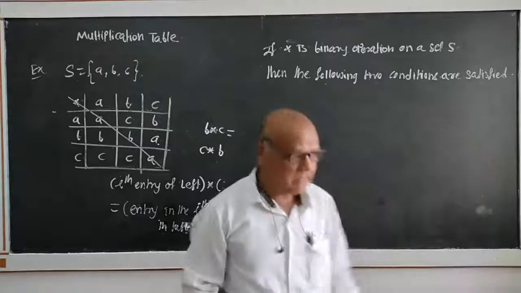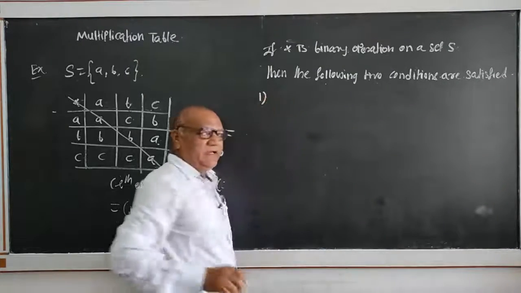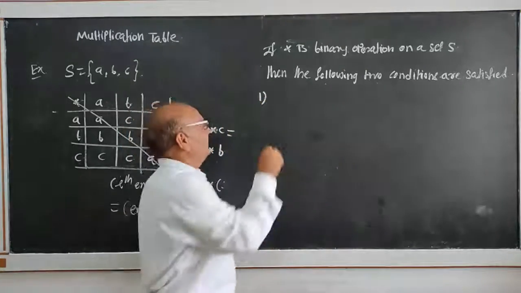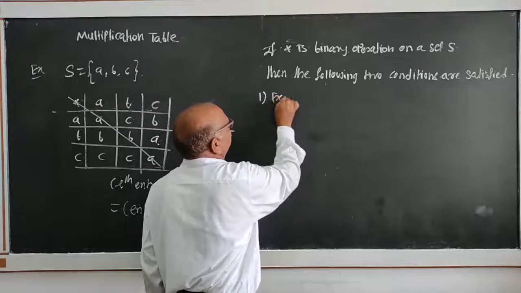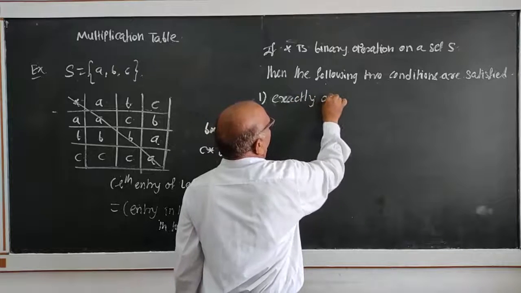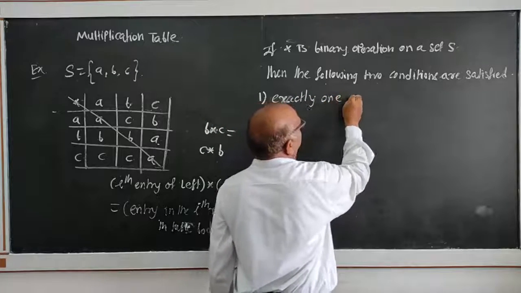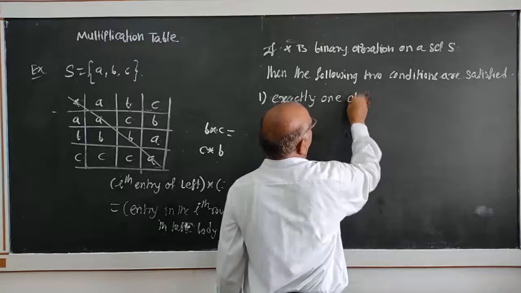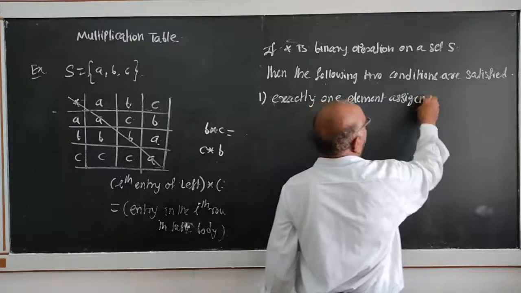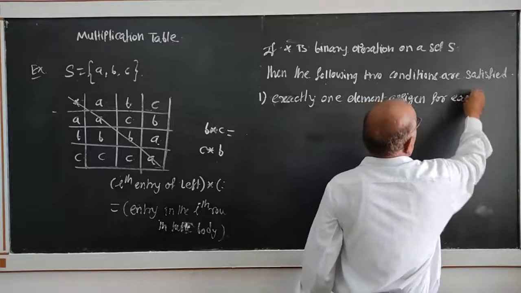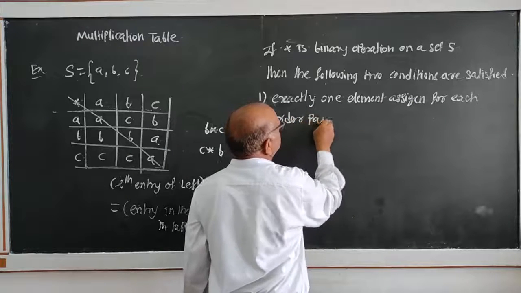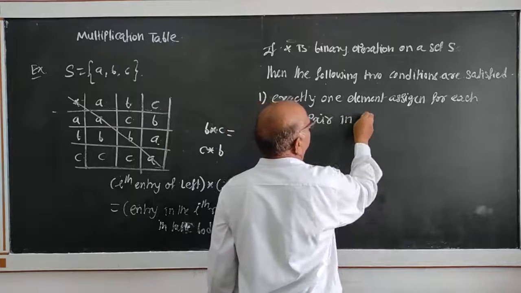First, exactly one element is assigned for each ordered pair in S.